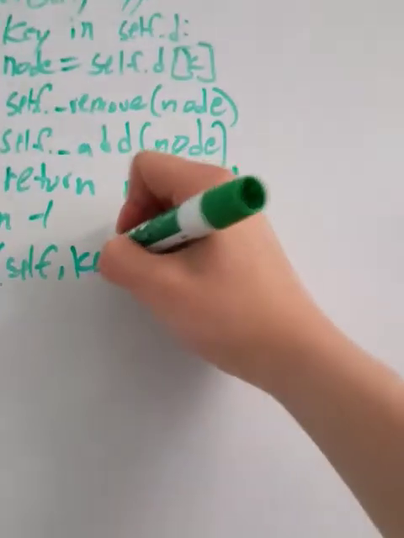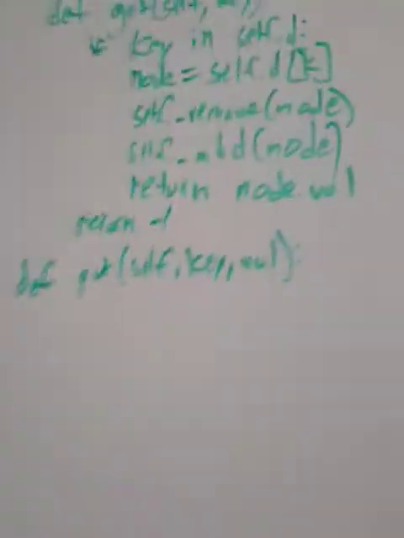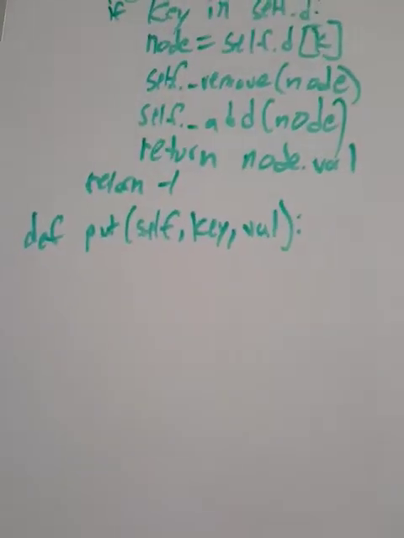So when we're putting a node in there, we need both the key and the value. Okay? So let's see. Again, we need to check if it already exists in the dictionary. Because if the key exists, we need to take it out and then update it in case the value is different. But also, we need to move it from where it was to the most recently used, right?